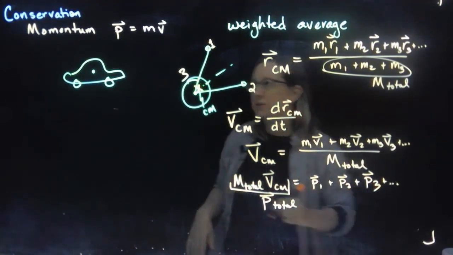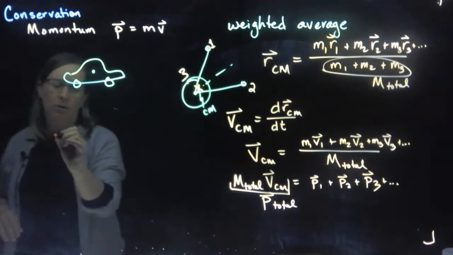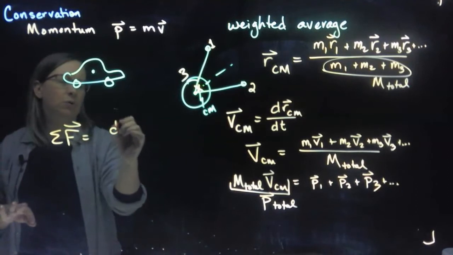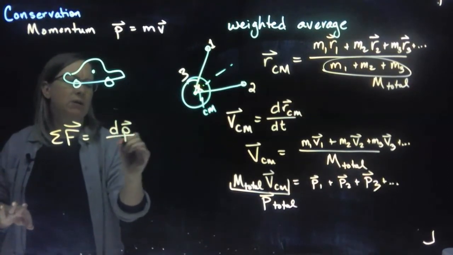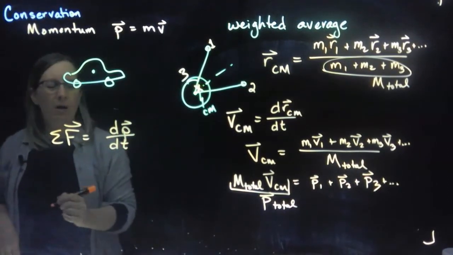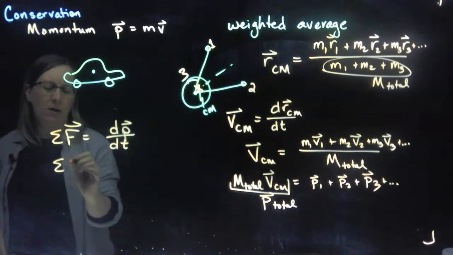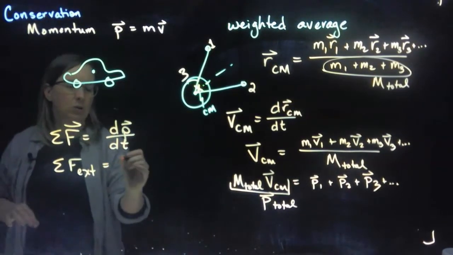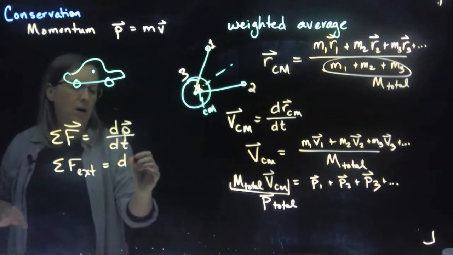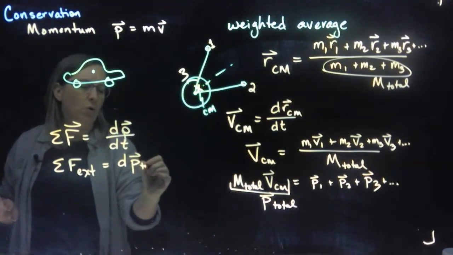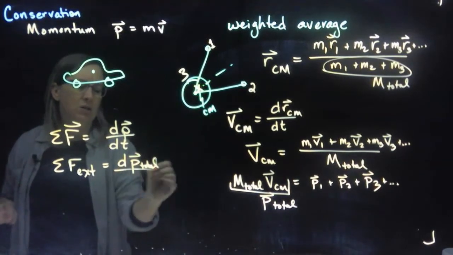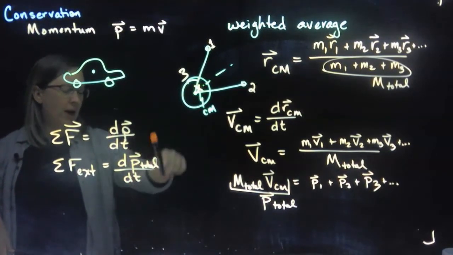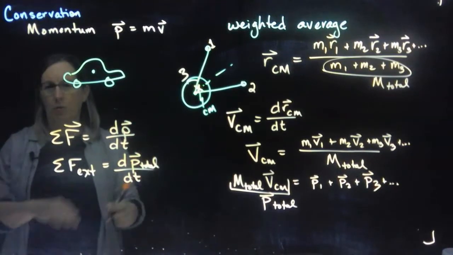And so what that says, if we go back over to our equation, Newton's second law, sum of the forces is equal to change in momentum with respect to time, then we can say, hey, the sum of the external forces on an object, right, is equal to then the change of the total momentum of whatever we've decided is our system, dP/dt. And so that, of course, if this is 0, the total momentum stays fixed.